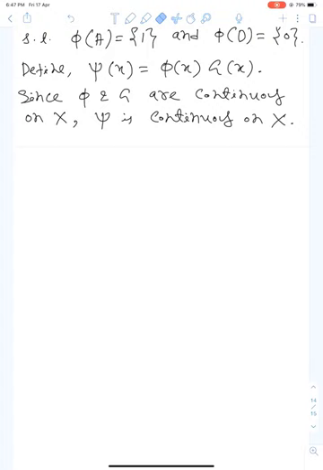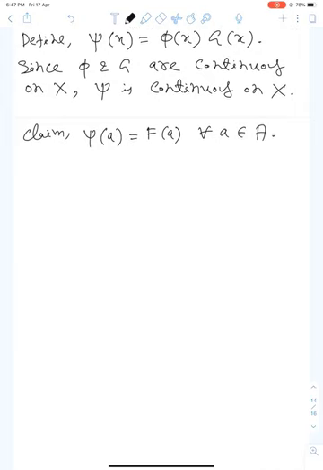That is, we claim that psi(a) equals f(a) for all a belonging to A. So why is this true? Because for each a belonging to A, what is my psi(a)? So psi(a) equals, just by definition, phi(a) times g(a).